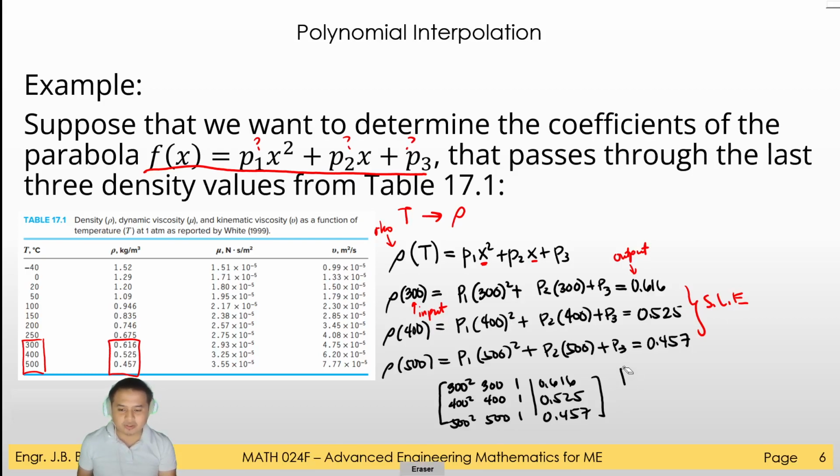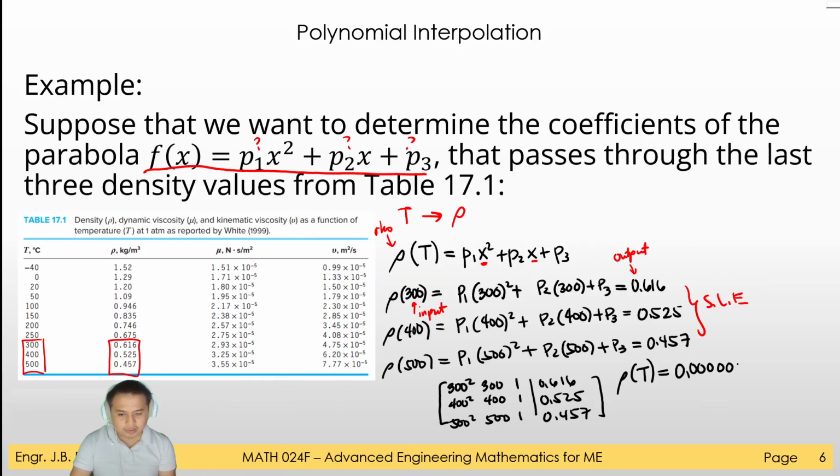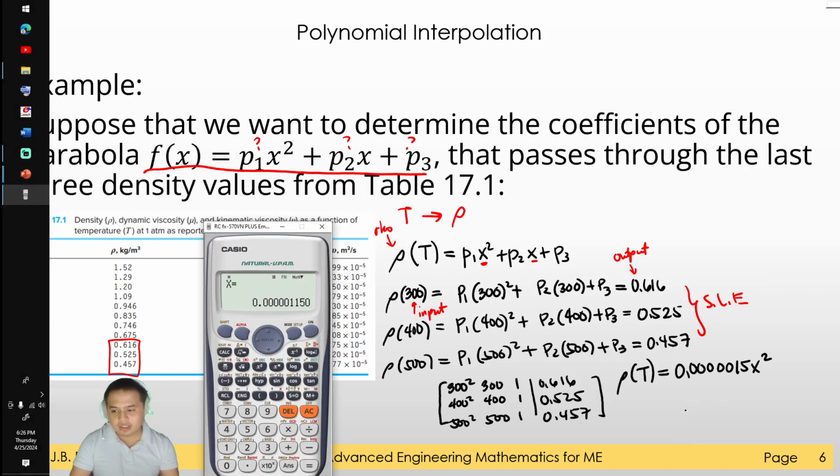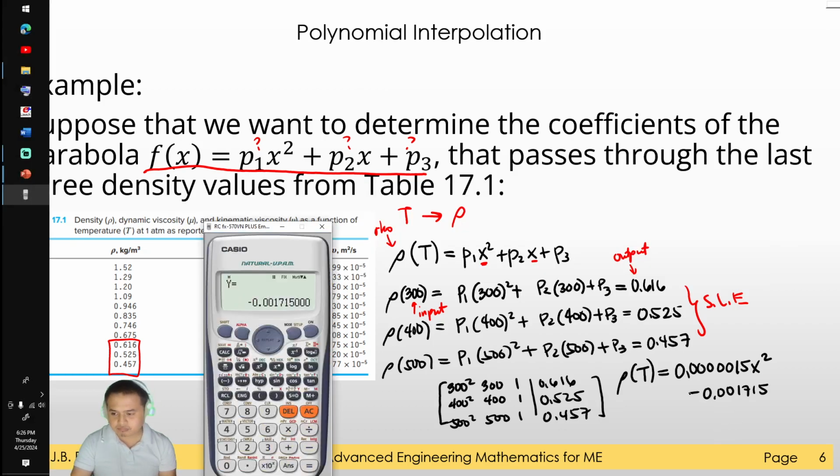So basically, your function rho of t is equal to 0.000004515 x squared, and the next value is negative 0.001715 x.